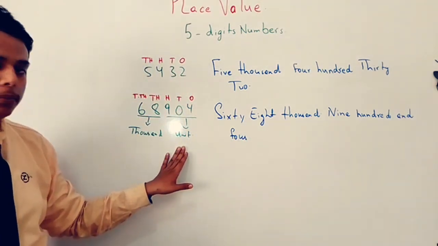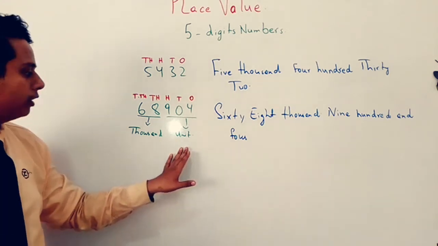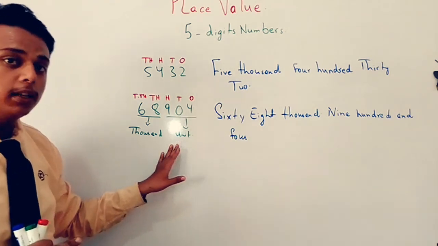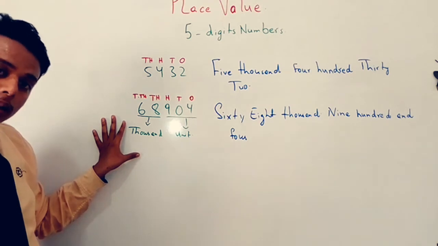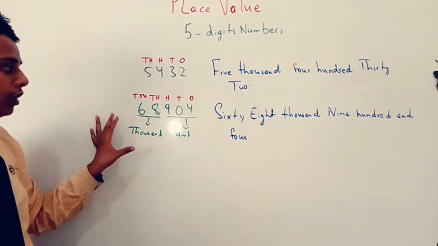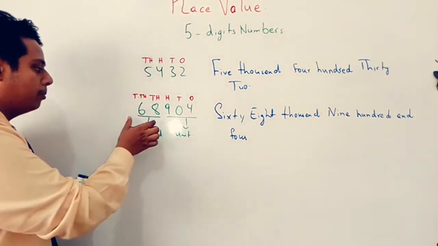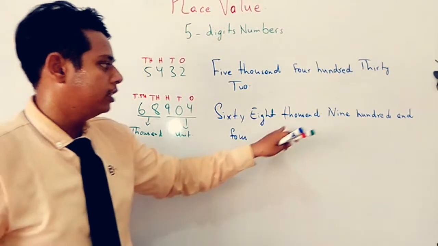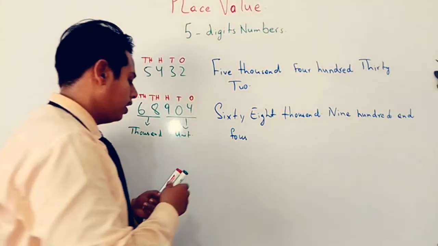But if we are writing 1000, it is a higher family, so we need to mention its name. हमें number के साथ उसकी family को भी mention करना पड़ता है, यानी 68,904.